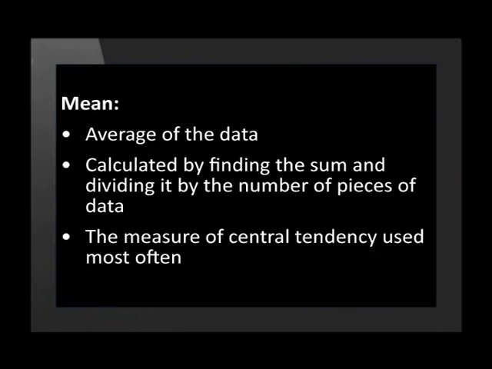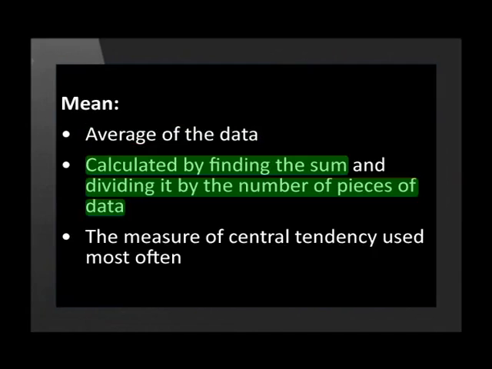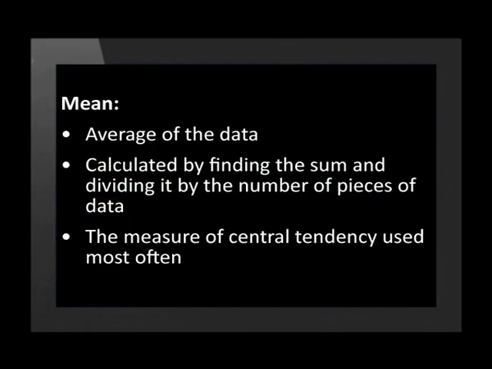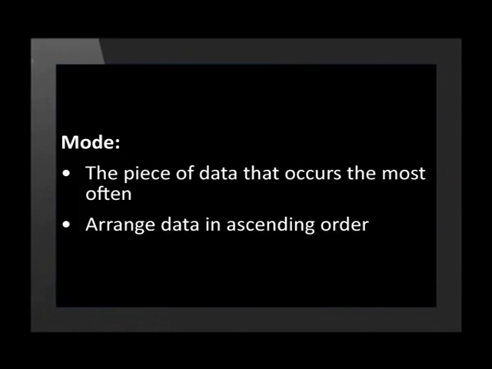Let's recap the 3 measures now. Often the mean is referred to as the average of data. You calculate this by adding all the numbers together to find the sum and dividing by the number of items. This is probably the measure of central tendency that you use the most. Mode means the piece of data that occurs the most often.